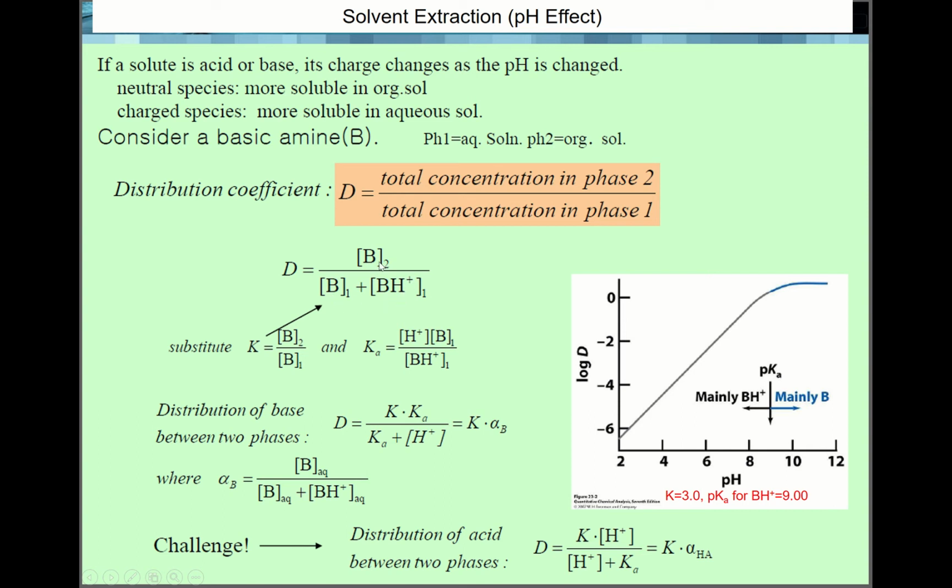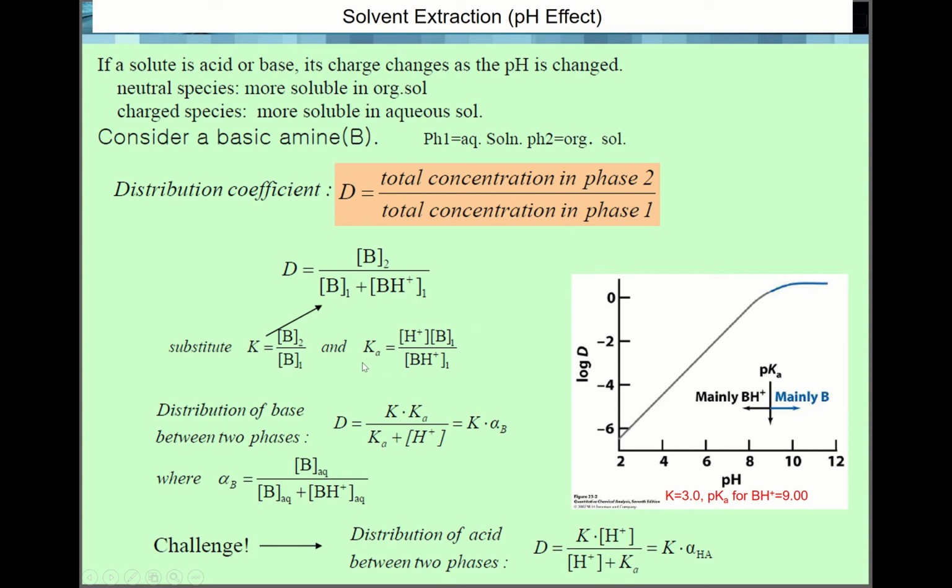But in organic solvent, only the neutral species exists. So phase 2 is organic solvent, and only the form B exists in phase 2. We substitute the partition coefficient K, which equals the concentration of B in phase 2 divided by the concentration of B in phase 1.